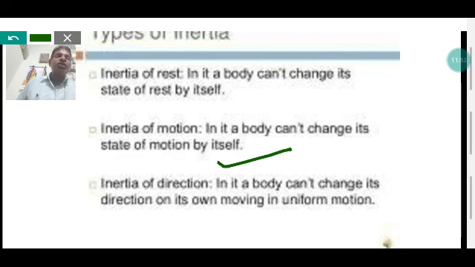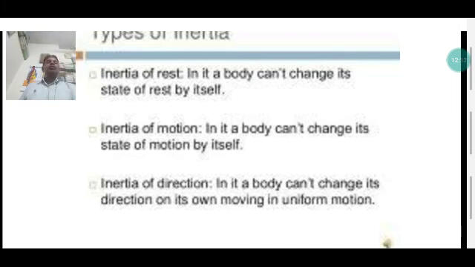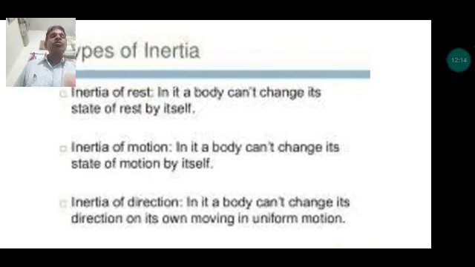When the body is moving in a certain direction, it opposes any change of direction, moving in uniform motion on its own. That is the types of inertia. One by one we will discuss them again.